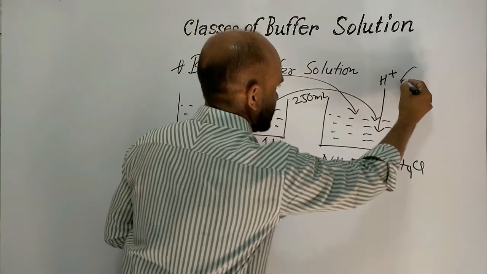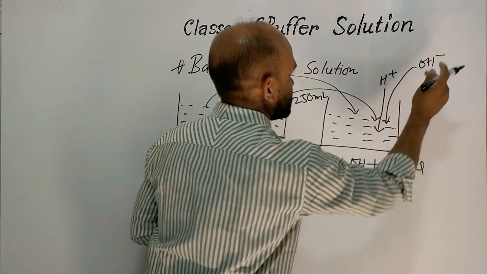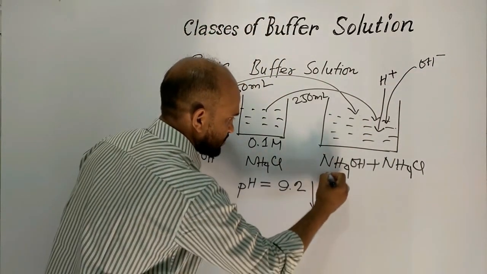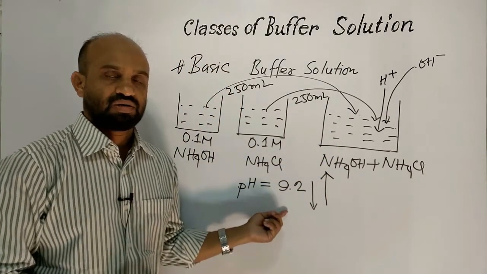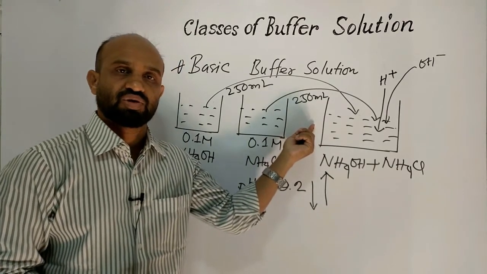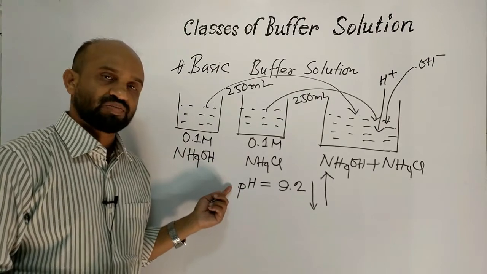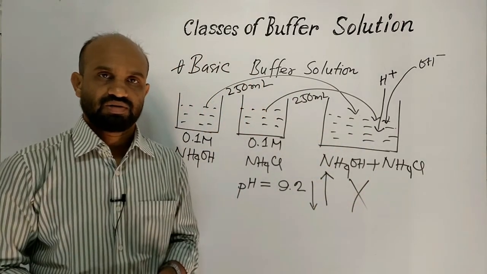Similarly, when in this solution a small amount of strong base is added, then its pH value is supposed to increase. But after the addition of a small amount of a strong acid or strong base, its pH value doesn't change remarkably.